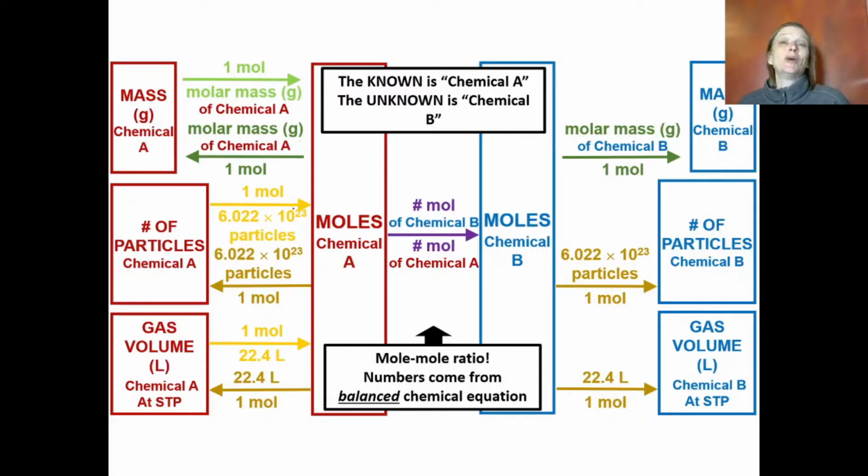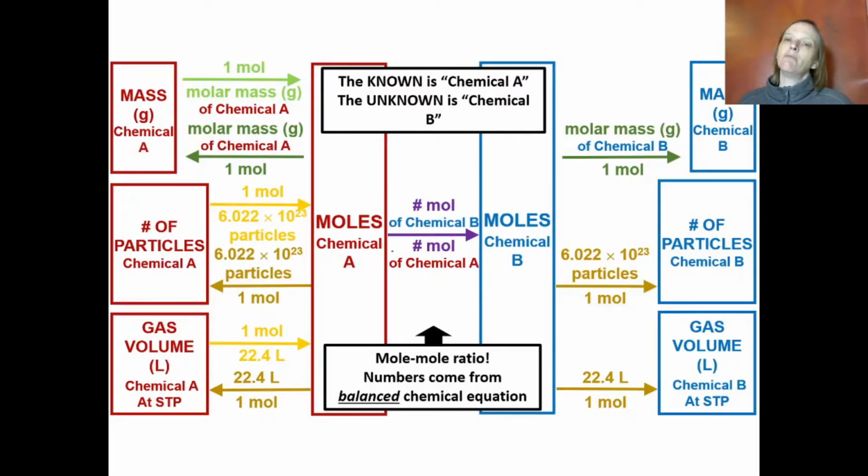So before we go and do a big stoichiometry problem involving this new conversion factor that we've just learned, I just wanted to refresh your memory about how we convert from mass to moles of a substance, or from particles to moles of a substance, or from volume to moles of a substance. We use conversion factors, either the molar mass or Avogadro's number, or this new conversion factor we've learned, 22.4 liters per mole, if we're talking about the volume of a gas.